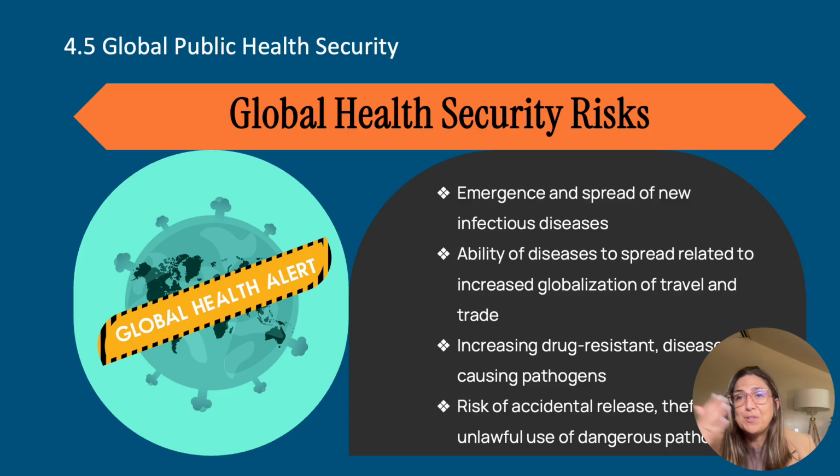People are traveling more than they ever have before and have the ability to do that. But with that comes this spread of disease that was never able to spread as rapidly. There are also increasing drug-resistant disease-causing pathogens, and risk of accidental release, theft, or unlawful use of dangerous pathogens. The Global Health Security Agenda is an effort of more than 70 countries to protect the world from infectious disease threats.